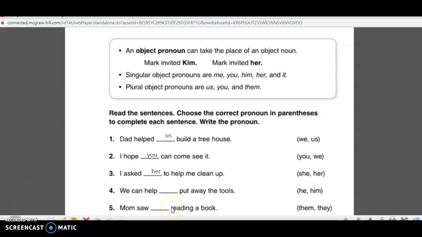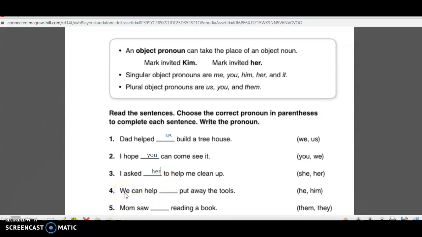Remember, we're replacing an object in the predicate part. We're not replacing a subject, so make sure you're using object pronouns: me, you, him, her, or it for a singular object pronoun, or us, you, and them for a plural object pronoun. Go ahead and pause and rewrite numbers 4 and 5.